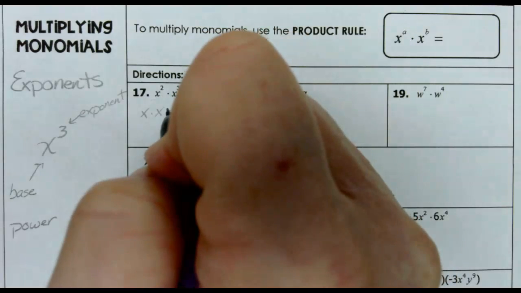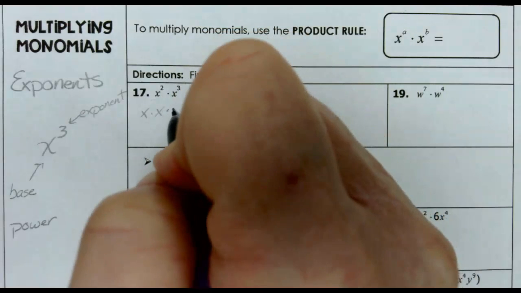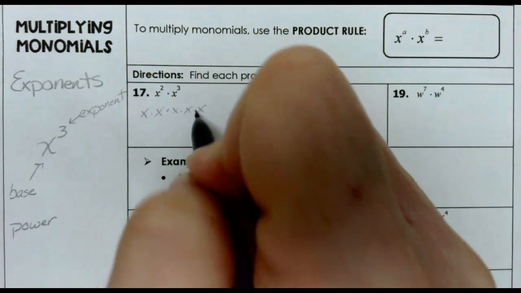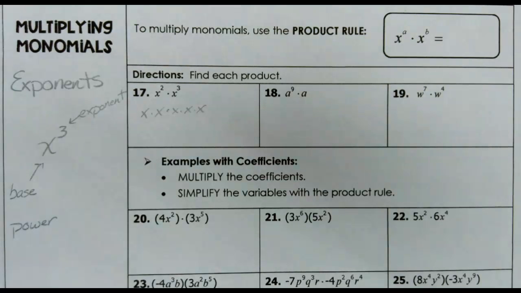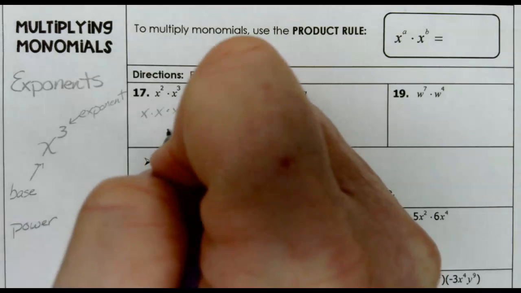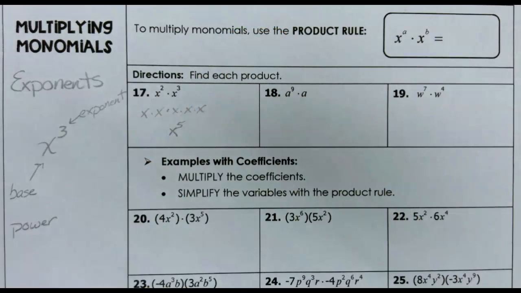And then times x to the third, so 3 more x's. It's all multiplication. If we multiply all of that together, how many x's do we have? Yeah, we have x to the fifth, right? Well, look at those exponents, 2 and 3. If I add those together, 2 and 3, I would have x to the fifth.